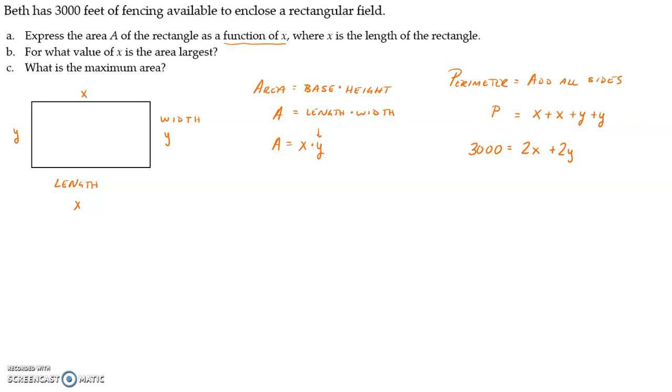Okay, and I can use this equation to solve for y. That way I can go ahead and plug in for the y that we see in that area formula. So let's go ahead and solve this for y, which means we want this to read y equals. So let's go ahead and subtract the 2x from both sides.